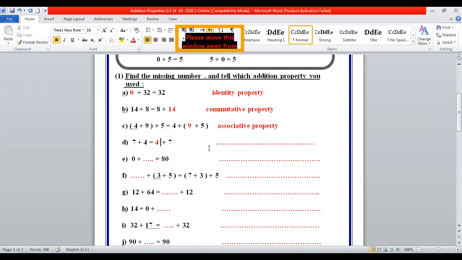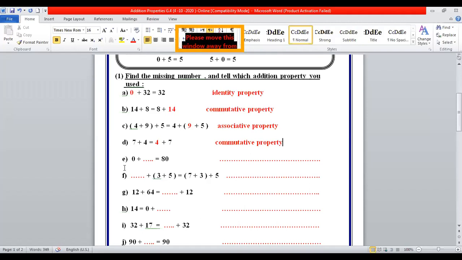And the name of the property is? Yes, commutative property.